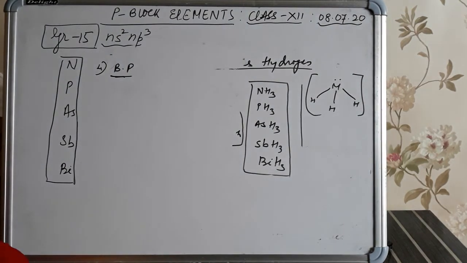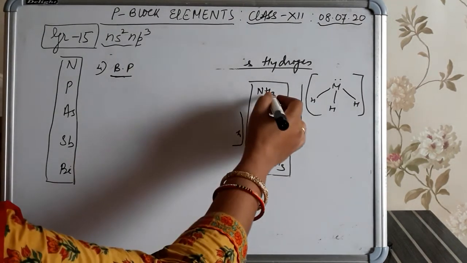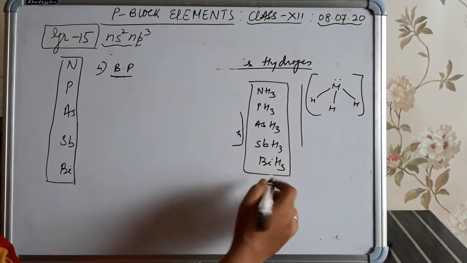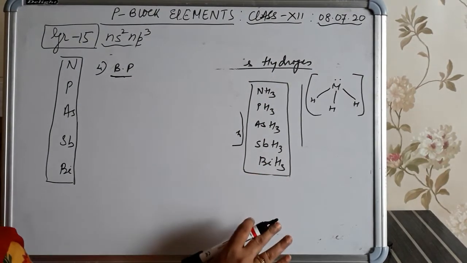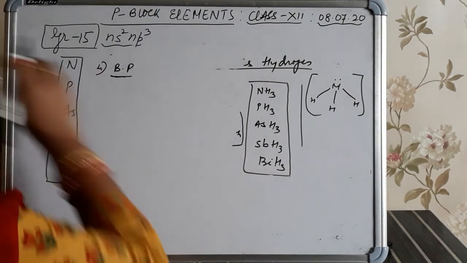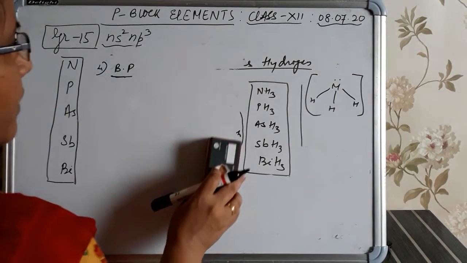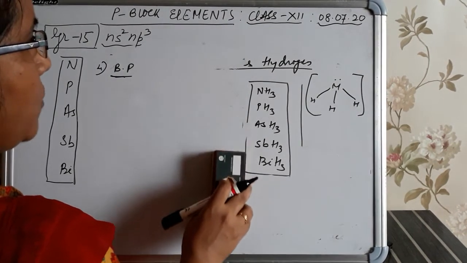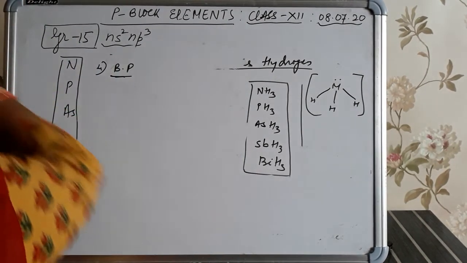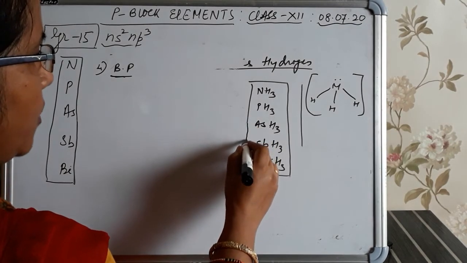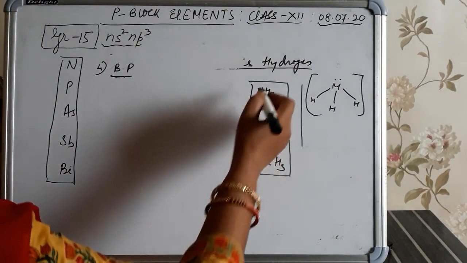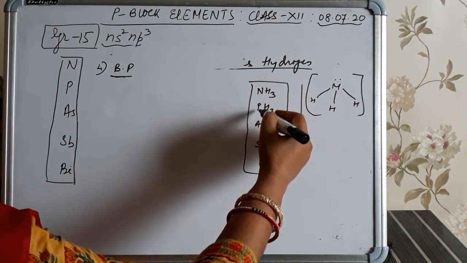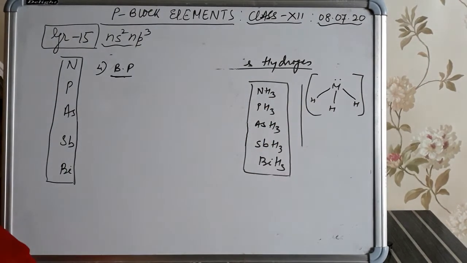The boiling point increases down the group because of the increase in the magnitude of van der Waals force of attraction, which depends upon the molecular size. As we know, as the size of the atom increases, the molar mass increases, so van der Waals force of attraction increases. When we move top to bottom, the size of the atom increases.